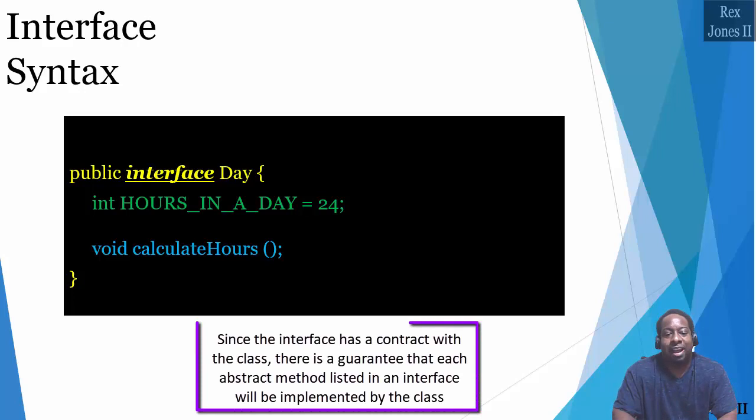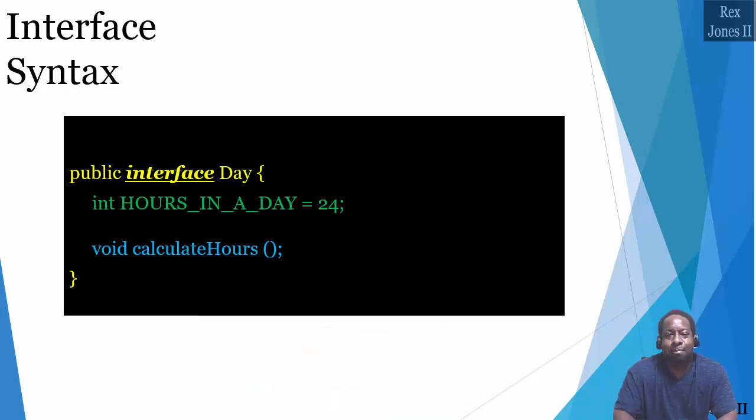Since the interface has a contract with the class, there is a guarantee that each abstract method listed in an interface will be implemented by the class. Static methods and default methods are not required to be implemented by a class because they already have an implementation.